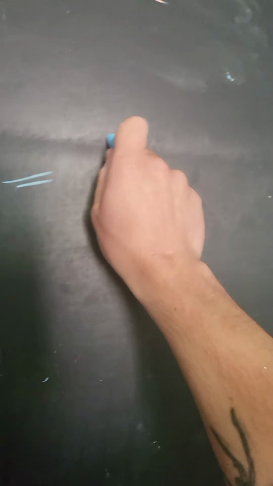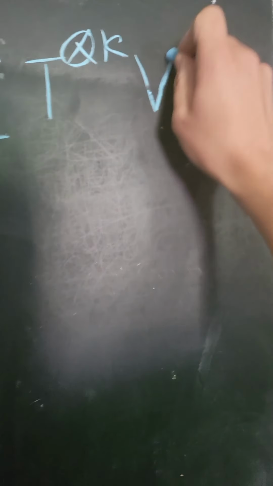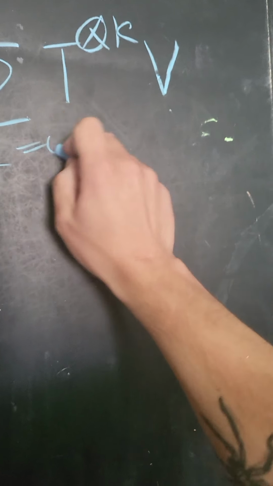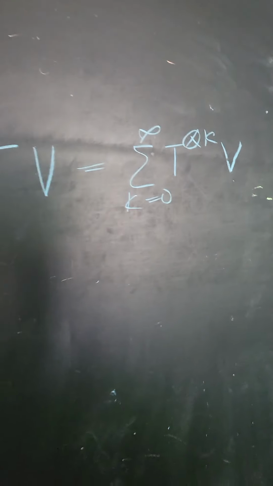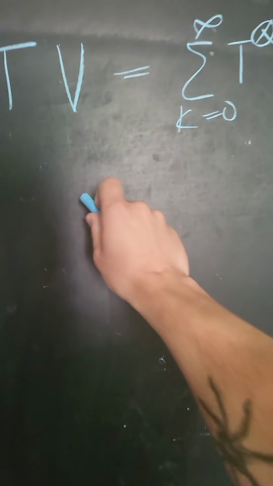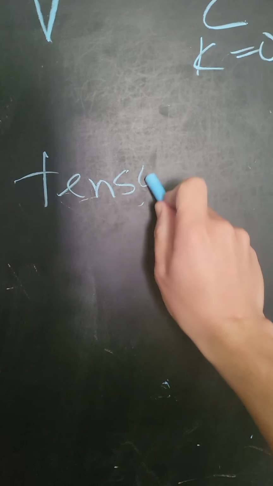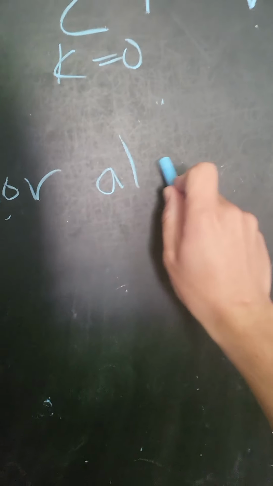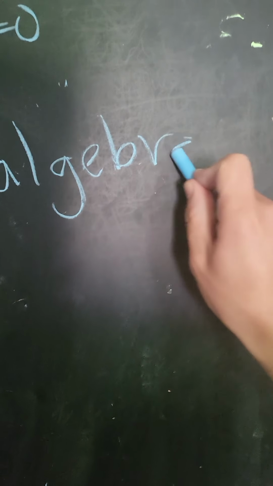This is just the direct sum over k from 0 to infinity of the tensor power V to the k. So this is an algebra, equipped with the product of tensor multiplication. You can look it up and research it if you want. It's called the tensor algebra. It's kind of a big deal.